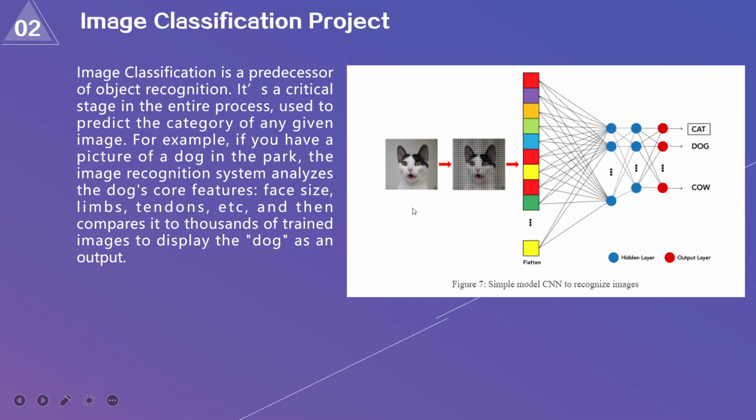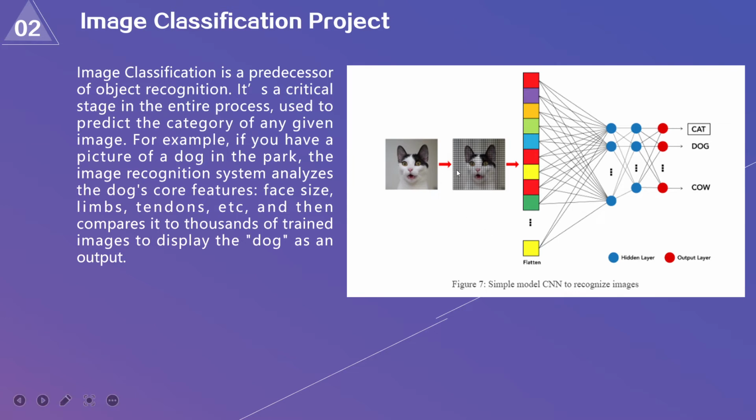In the picture here, this is a simple model. It may not be a CNN, this is a simple neural network. It classifies the cat image.